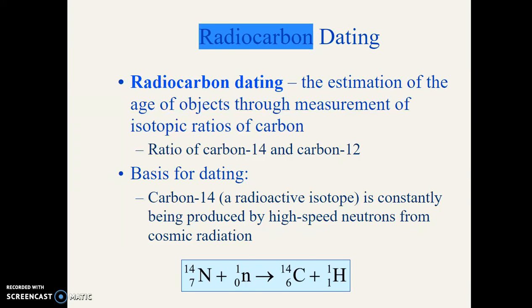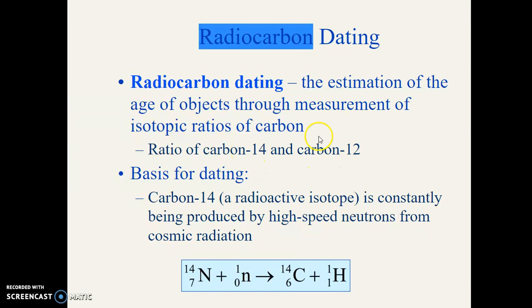At death, you stop making carbon-12 and carbon-14 molecules. The carbon-12 doesn't decompose, so your carbon-12 number is not going to change. But the carbon-14 number will, because carbon-14 is radioactive and it will decompose.